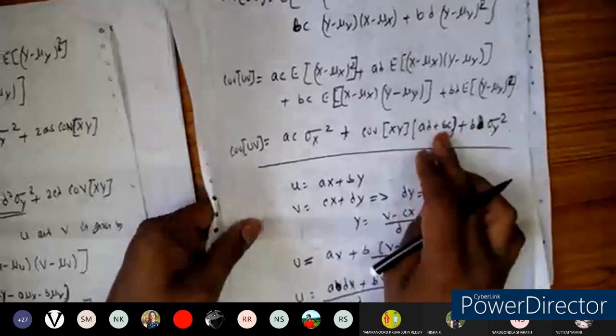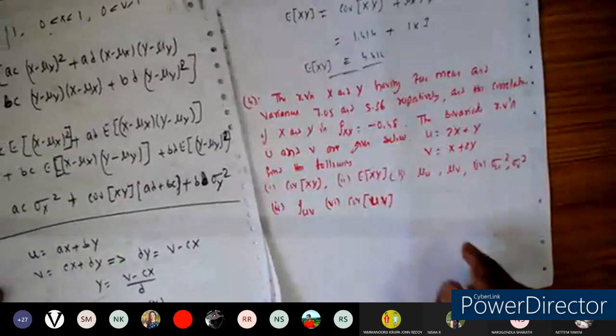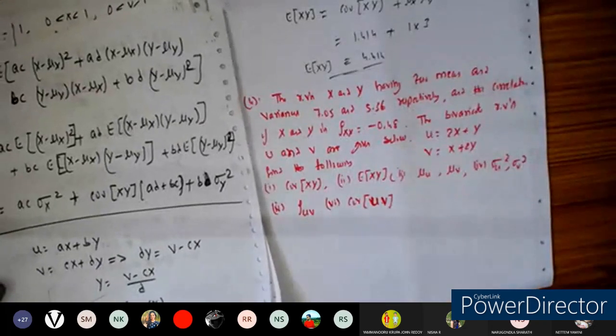So it is direct formula substitution. Write the generalized formula first for each one, substitute the values, and get the answers. Can you do this one?